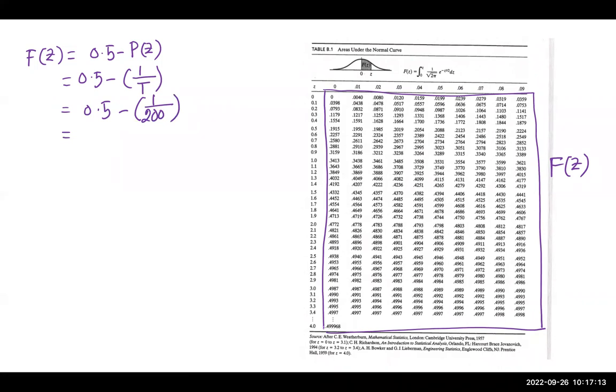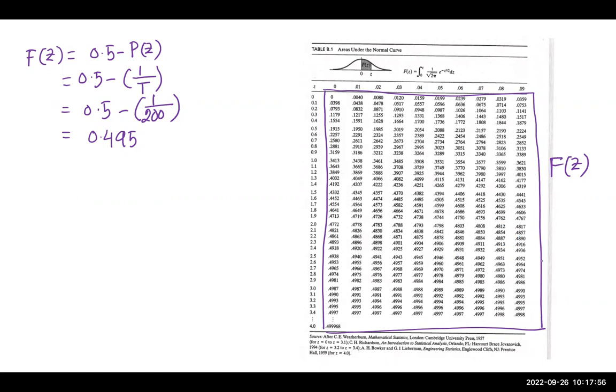Can you give me that number? 0.495 or something. Now, we said that all of these values are Fz, but we need to find exactly 0.495, right? So how will we find that?